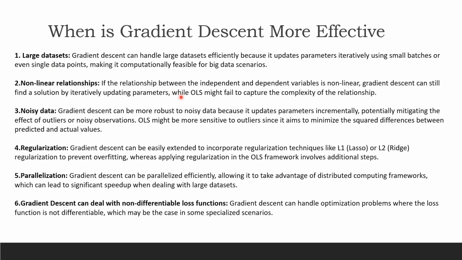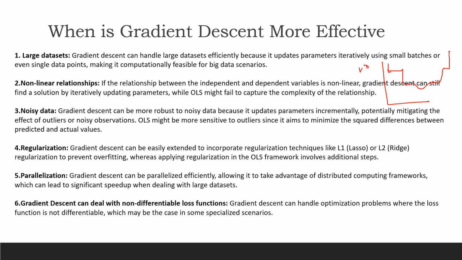So gradient descent will work not just in that simple OLS kind of situation. It can work on a graph which has a number of minima, and which is higher dimensional, n dimensions in nature. So gradient descent will work there.